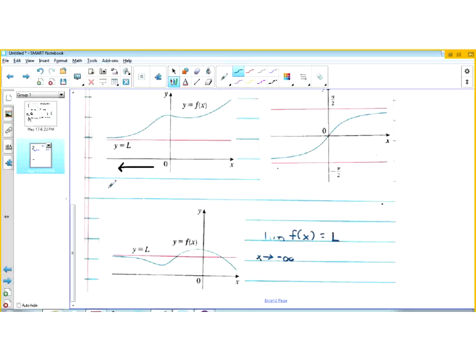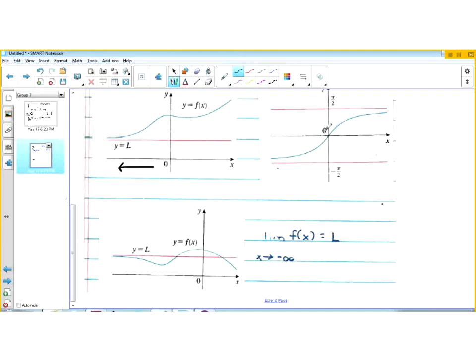I could also say that x grows very large in a negative sense, or very small. I'll use those concepts interchangeably. But note that the output of the function tracks the line y equals L in an asymptotic sense. By asymptotic, we mean that f of x gets closer and closer to y equals L for each diminished value of x, but it never touches the line y equals L.